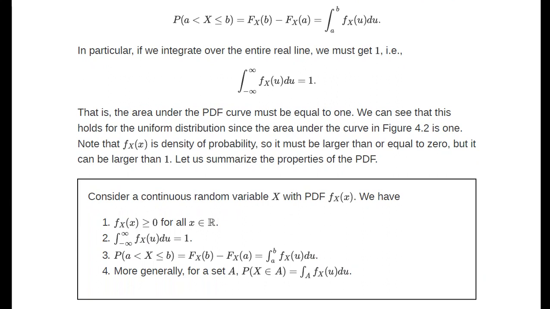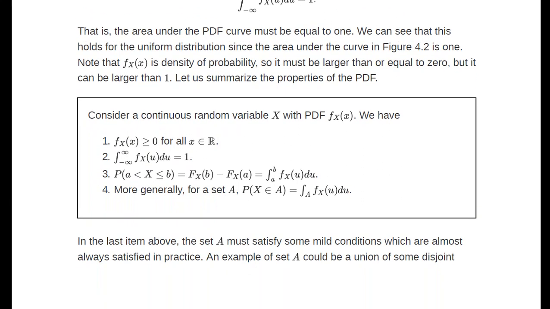That is, the area under the PDF curve must be equal to 1. We can see that this holds for the uniform distribution, since the area under the curve in figure 4.2 is 1. Note that f_X(x) is a density of probability, so it must be larger than or equal to 0, but it can be larger than 1.